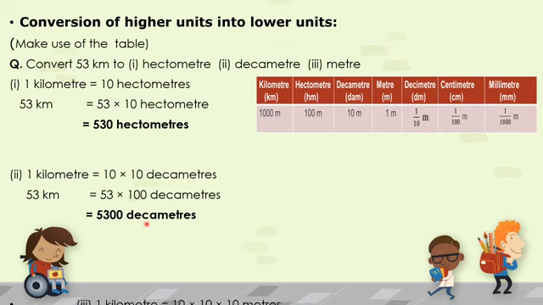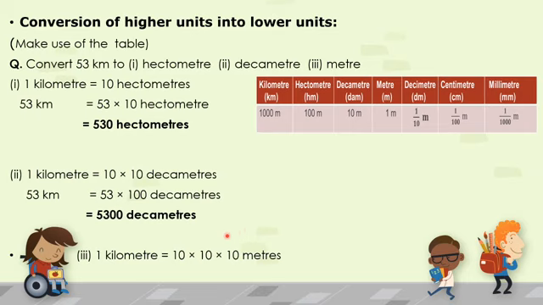Then comes your third question, which is same simple, which you have already done in the previous question, which says 53 kilometer equals to how many meter, where we know 1 kilometer equals to 1000 meter. How have we arrived to 1000 meters? See, from kilometer to meter, how many places? 1, 2, 3 places.